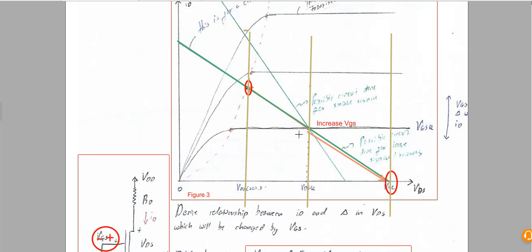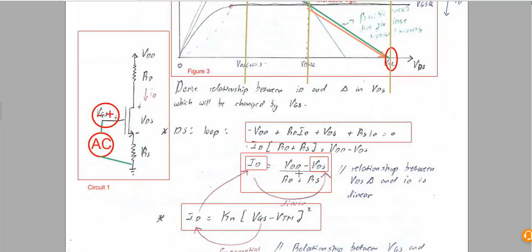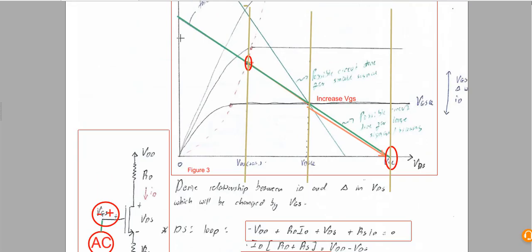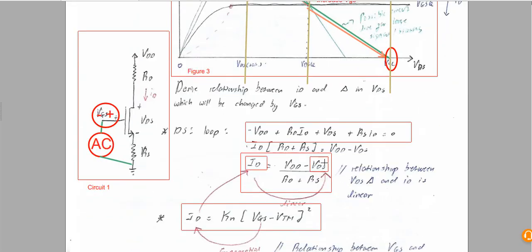Following on that, as VGS changes, ID will change and that will influence VDS, and the circuit will operate on this line, and this line's slope depends on the resistor values. This whole line is a function of ID with respect to VDS, and VDS is part of this equation.